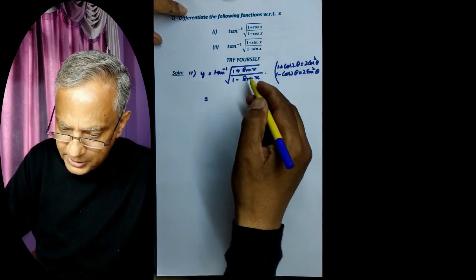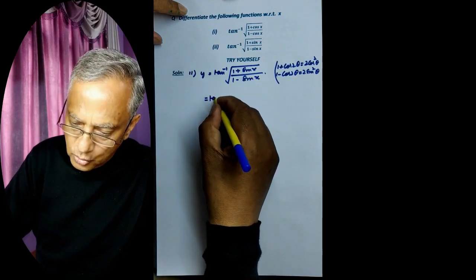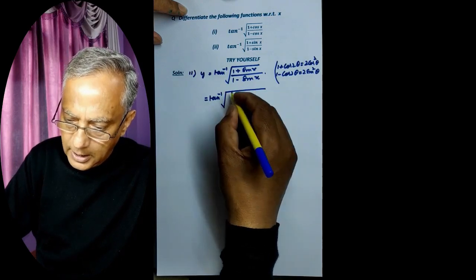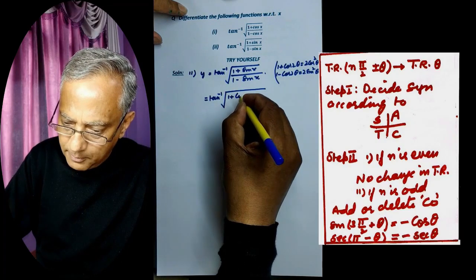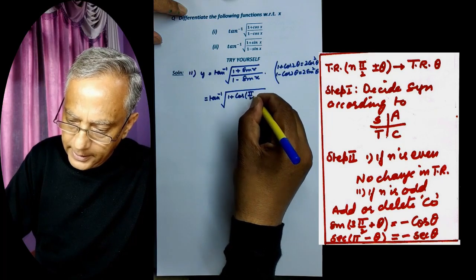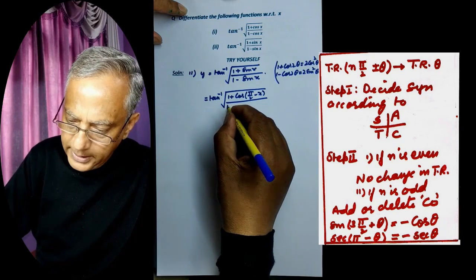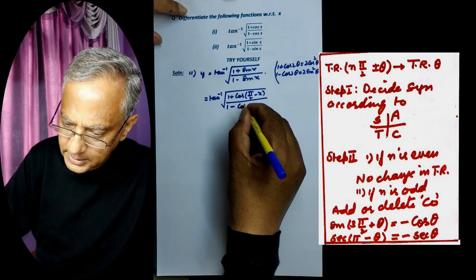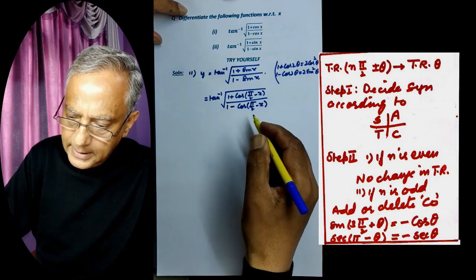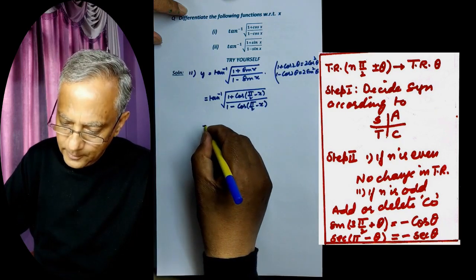So we will change these two signs into cos. So we will write tan inverse, and as we have done earlier, we will write this as 1 plus cos pi by 2 minus x whole divided by 1 minus cos pi by 2 minus x, because we know cos pi by 2 minus x is sin x.